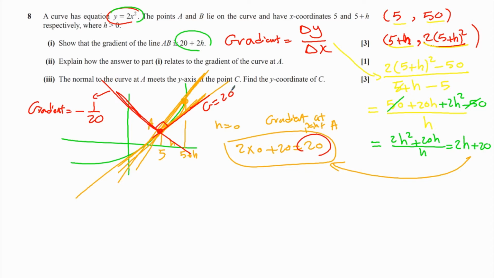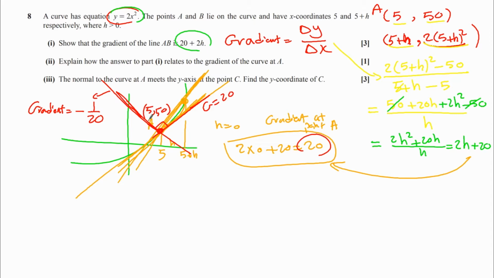So this would be the minus reciprocal of the other gradient. Now we have the gradient of that line, which is minus 1 over 20, and we know that point A is 5 and 50.